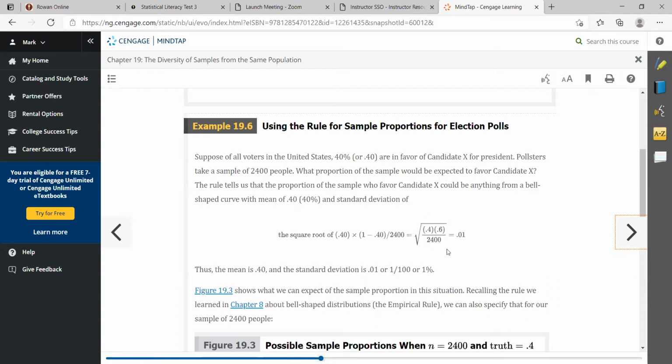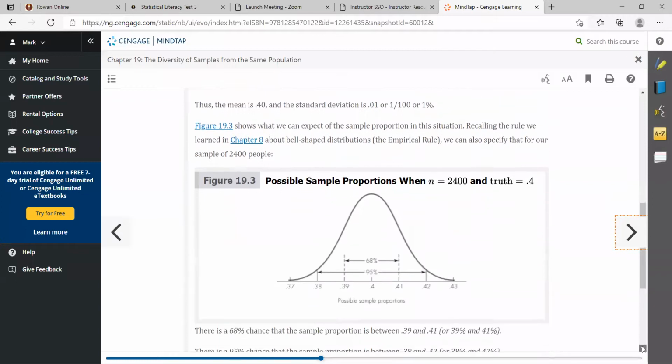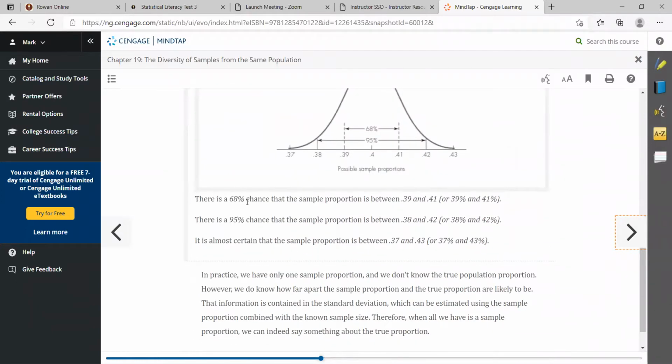And then you use this formula to come up with the standard deviation, and then you figure out these percentages here. 68%, the range for 68%, the range for 95%, and the range for 99.7%. Okay? Any questions about that? It's not hard to do, but again, you need to remember how to do it. This is the rule for sample proportions. All right?